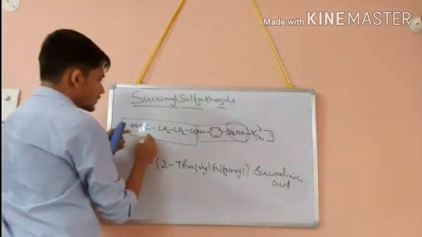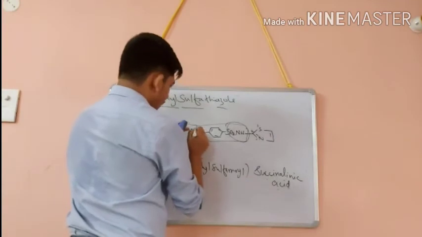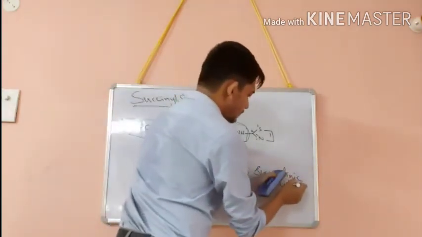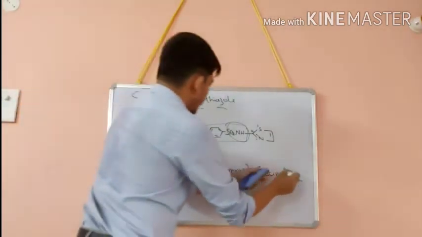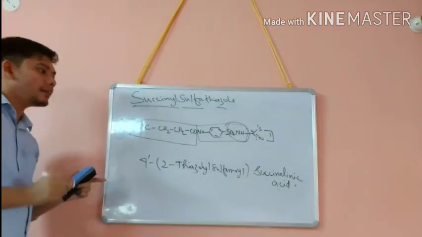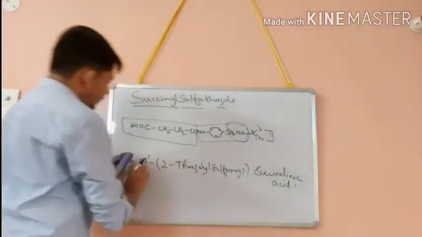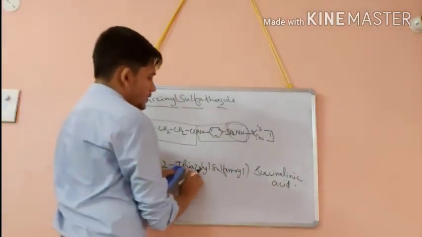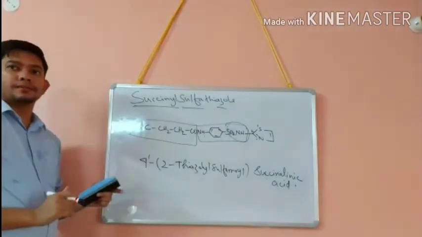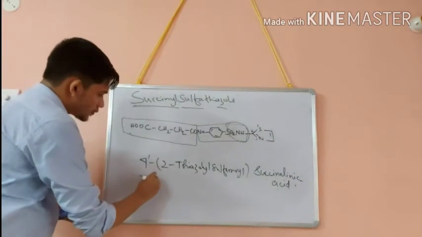This is succinic acid, the succinyl group, then anilinic acid, okay, succinylinic acid. Why? Because benzene ring with NH2 is called aniline, so that's why the name came 4-2 thiazolide sulfamoil succinylinic acid, okay.